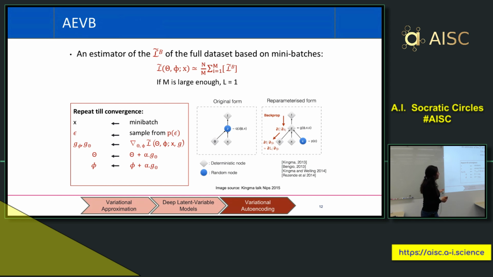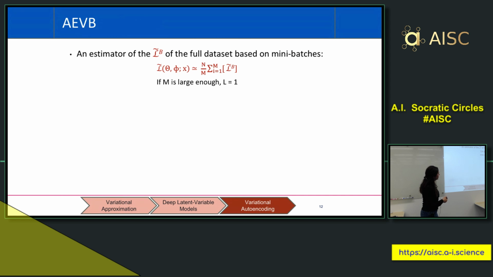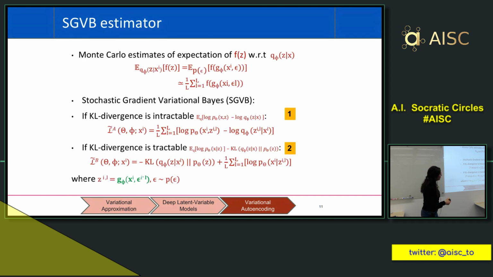So then we have the loss function. If we say L equals 1, it's just this KL divergence plus this reconstruction error, the cross entropy of the output of the decoder.